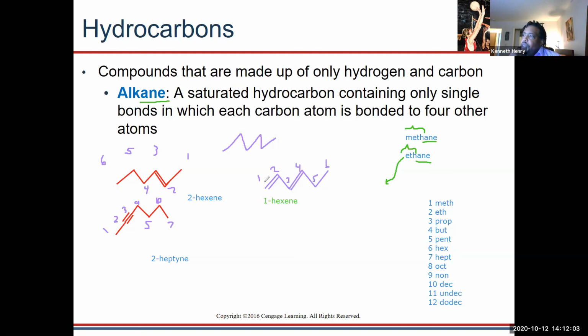So it would be 1, 3-hexadiene. Okay, so that di means I have 2.